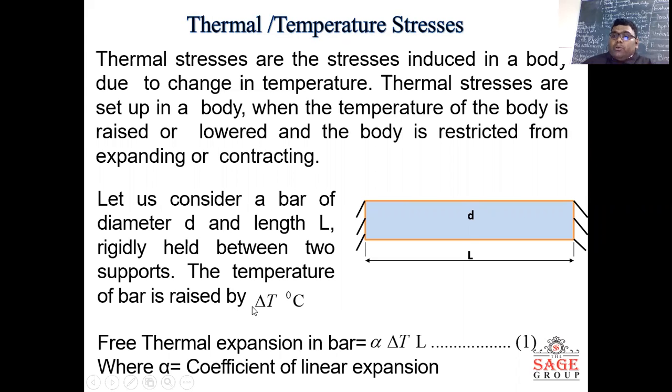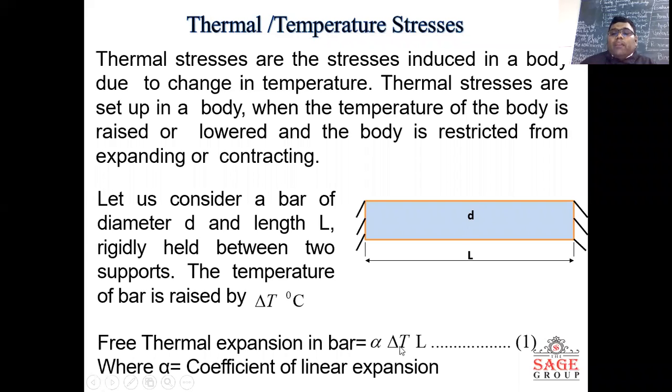You might have studied free thermal expansion in physics. The formula for free thermal expansion is alpha delta T into L, where alpha is the coefficient of thermal expansion, or coefficient of linear expansion. This is a simple formula.